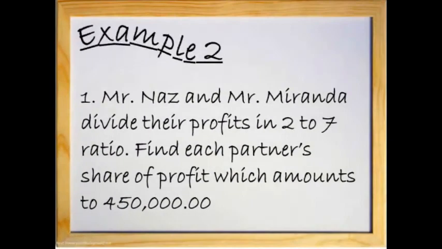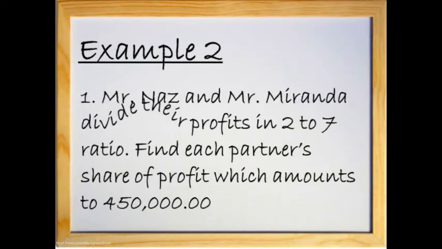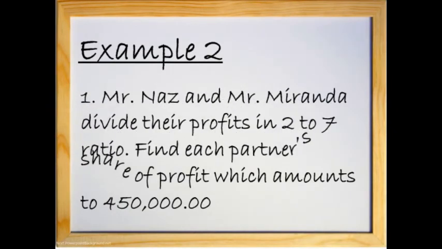Mr. Nas and Mr. Miranda divide their profits in a 2:7 ratio. Find each partner's share of the profit, which amounts to 450,000. For our next problem for partitive proportion, okay, so we have Mr. Nas and Mr. Miranda who divide their profits in 2:7.